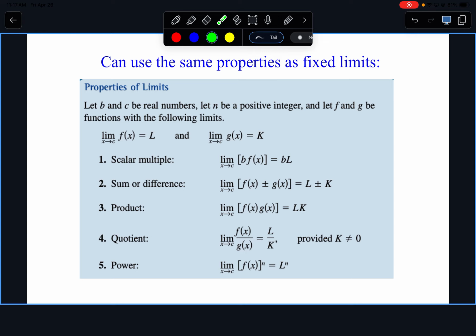This is saying find the limit of f of x, find the limit of g of x, and then add the two limits together. Do it as separate problems. Or find the limit of f of x, find the limit of g of x, and then multiply those together. It's usually much simpler to find the limit of each part and add the limits than it is to try to do all the algebra. I'll show you that in a couple of examples. But that is basically what this is saying on this slide.